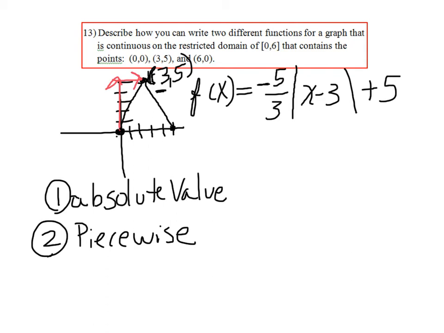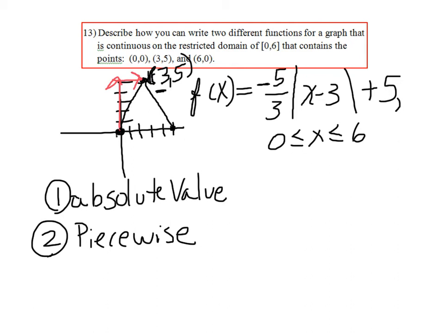Now, to make this stop here and here and go from 0 to 6, I'm going to restrict the domain. So I will put a comma, and I will do an inequality after the comma to restrict that domain, where x is between 0 and 6, and that would be my absolute value.